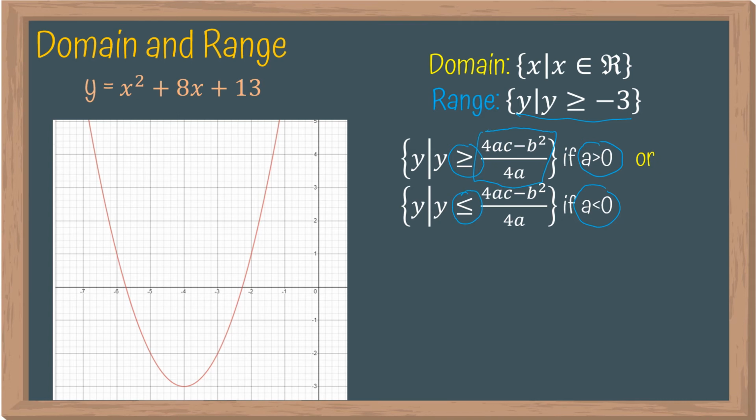Still, we will be using the same formula to obtain the value that we will be needing para sa pagsulat ng ating range. Bigyang emphasis lang natin na pagka sinabi natin na a is greater than 0, that will be positive. And if a is less than 0, a is negative.